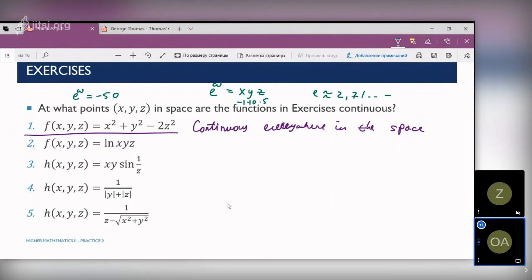Can you find omega? Omega is -5? No, it can't be negative, because e is itself a positive number. It will never become negative if you take any power of it.